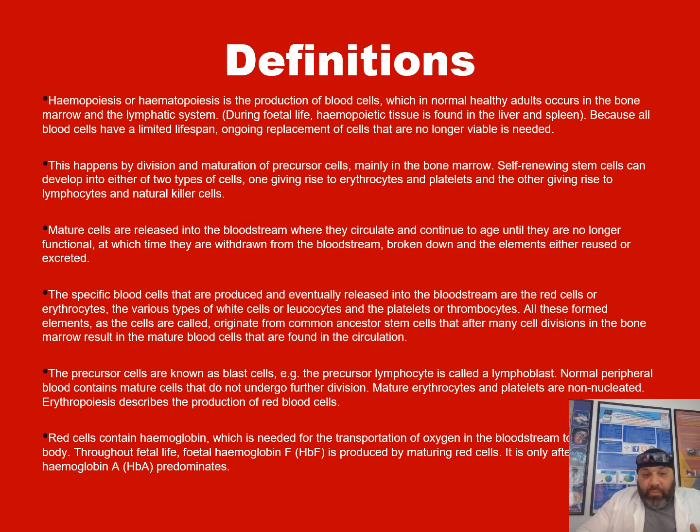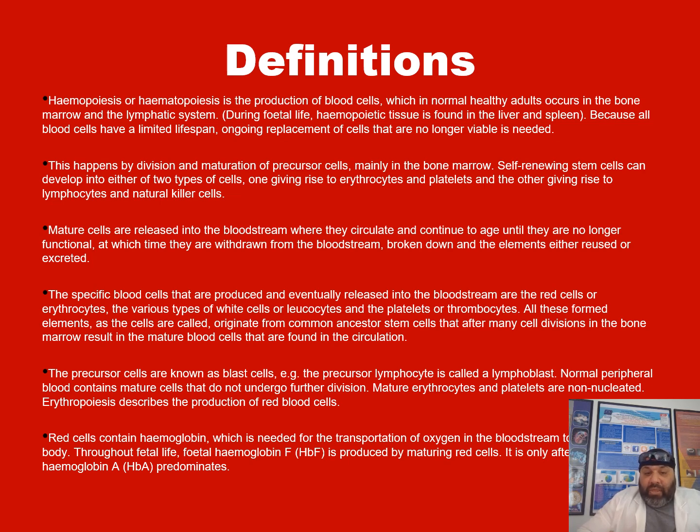All of these are formed elements and originate from stem cells that, after many cell divisions in the bone marrow, result in the mature cells found in circulation. This is the definition of haemopoiesis or haematopoiesis.